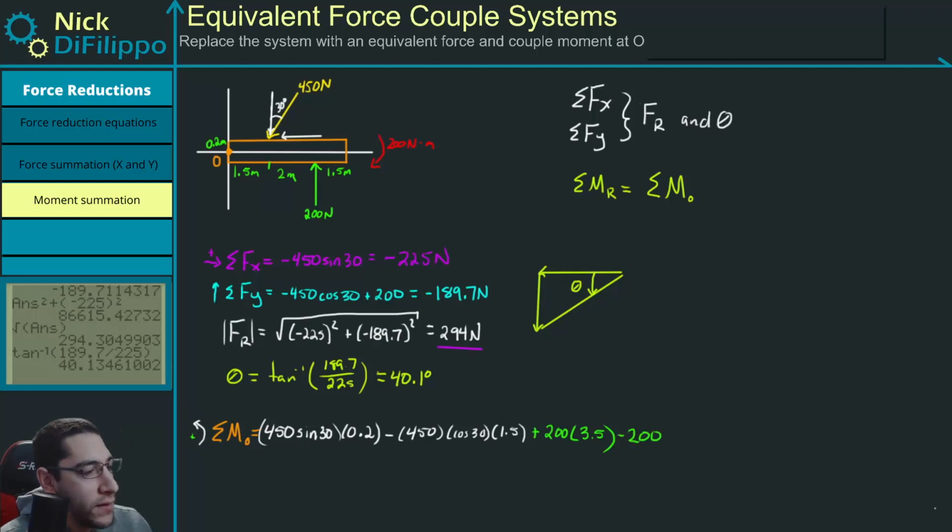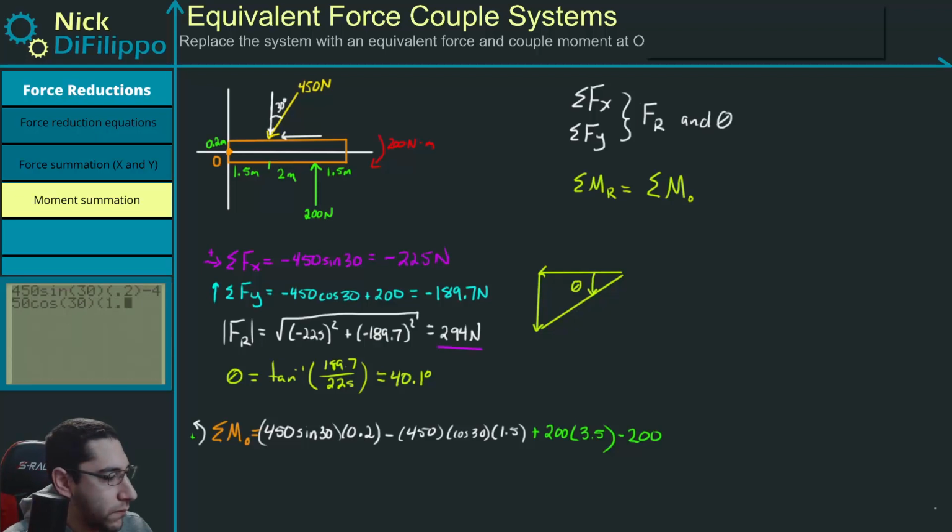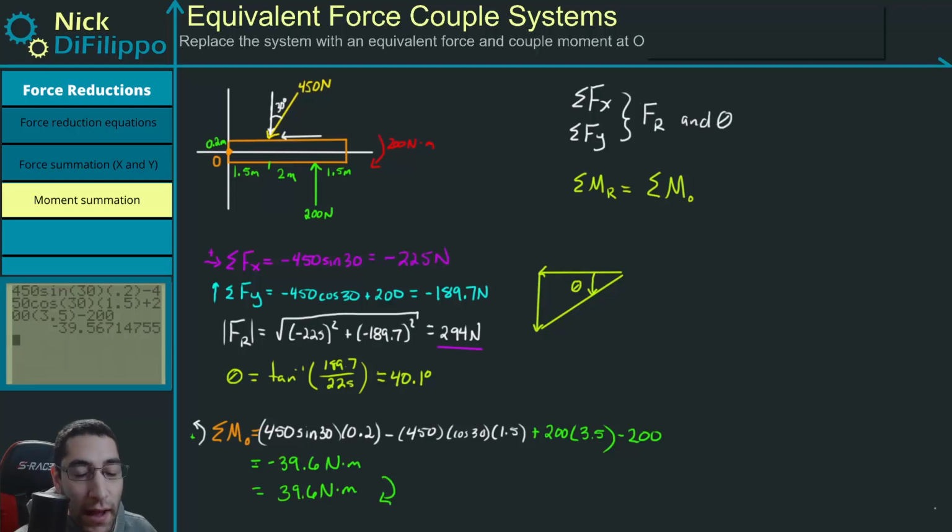So now what we can do is we can just calculate this. And we get that this moment is going to be equal to minus 39.6 Newton meters. The minus sign really means that this is 39.6 Newton meters in the clockwise direction.